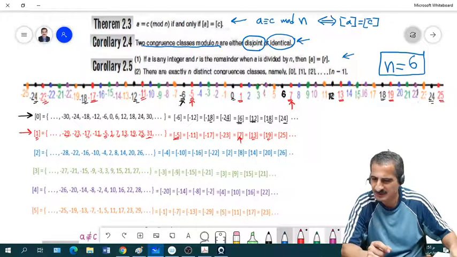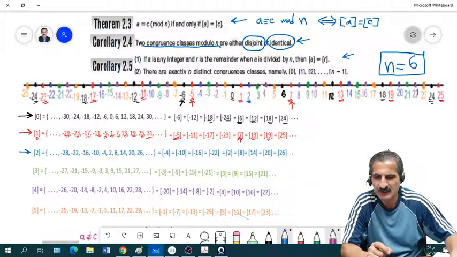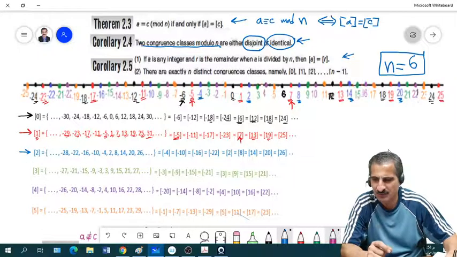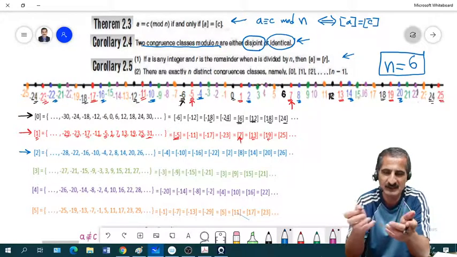I will just repeat the same thing for the blue now. Okay, the equivalence class of 2, here is 2, is congruent to 8, it's congruent to 14, congruent to 20, and to -4, -10. Why are all of these numbers congruent? Because the distance between any two of them is a multiple of 6.